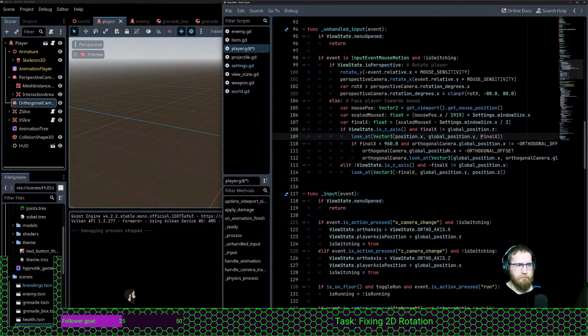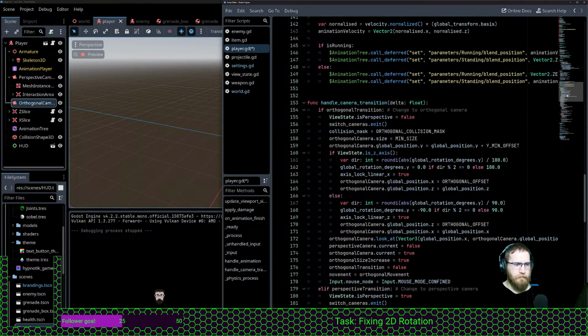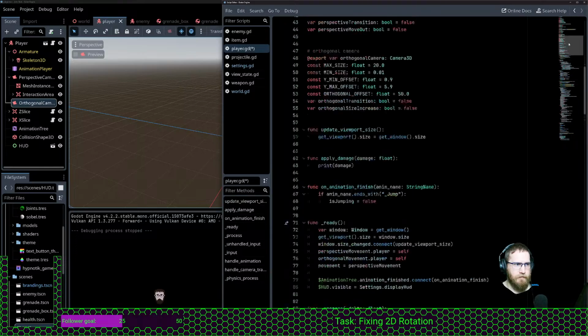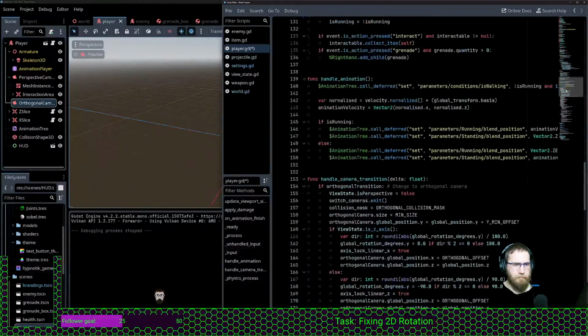Hmm. Is the orthogonal offset already a negative? No, it's not.